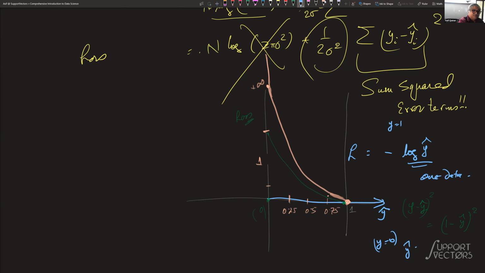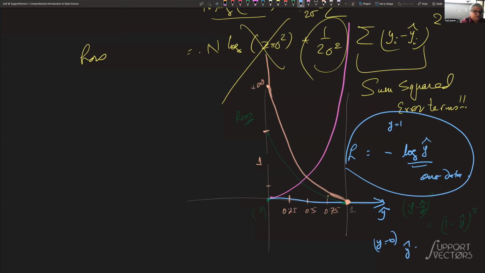The same loss function, let me put it in pink color, will go like this. Remember, this entire analysis was for y equal to 1. Ground truth is equal to 1. And in the pink case, ground truth is y equal to 0. Then you realize that the pink is the loss function for y hat.